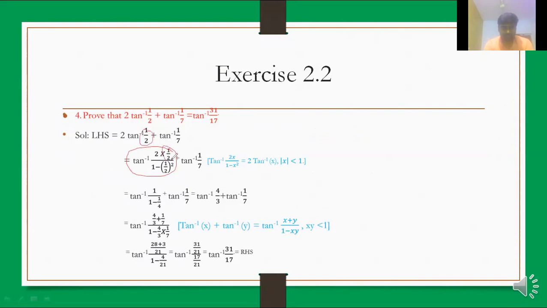So 2 into 1 by 2 by 1 minus 1 by 2 whole square. So simplify this. 1 minus 1 by 4. Anyway, 2 gets cancelled there. So 1 minus 1 by 4 means 3 by 4 there. Tan inverse of 1 by 7. So here 4 by 3.